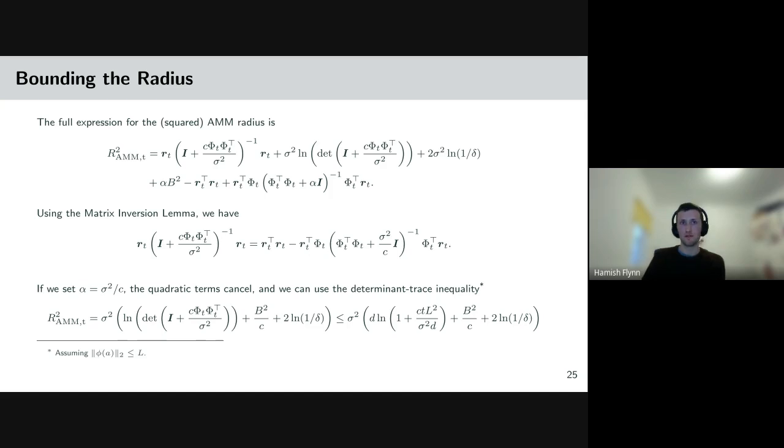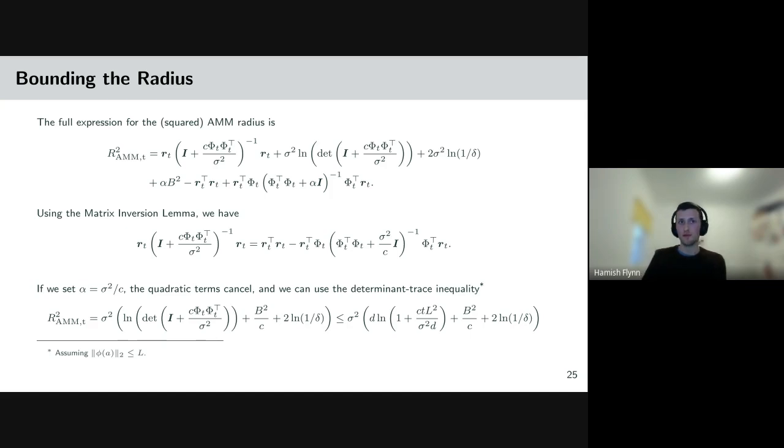So if we just choose alpha as sigma squared over c, then these quadratic terms cancel out, and the only thing we need to bound is this log determinant, which we can do using the determinant trace inequality from the OFUL paper. So we get an order d times log t bound on the squared radius.